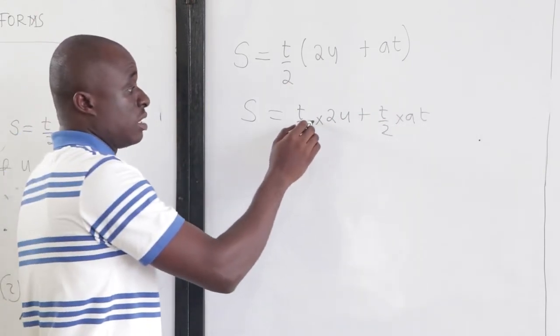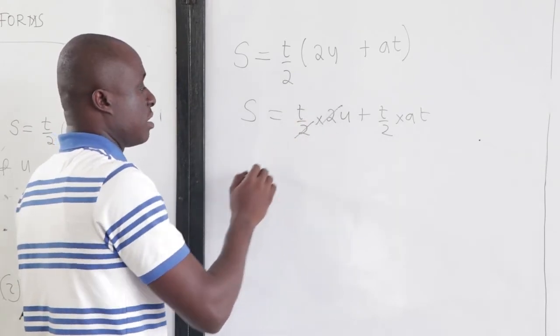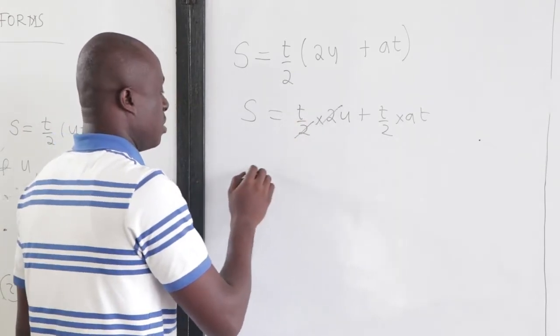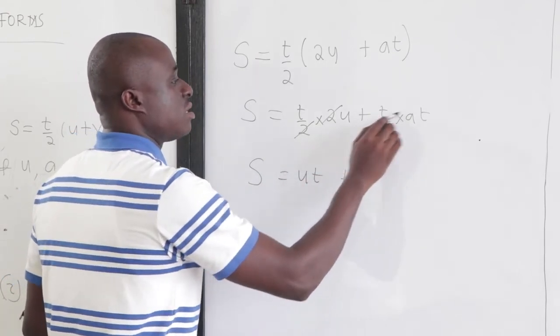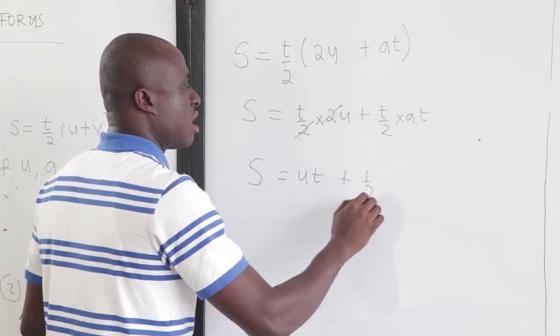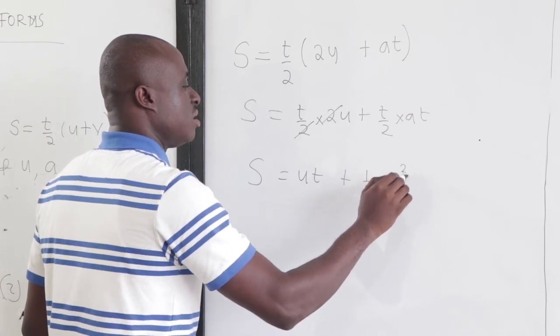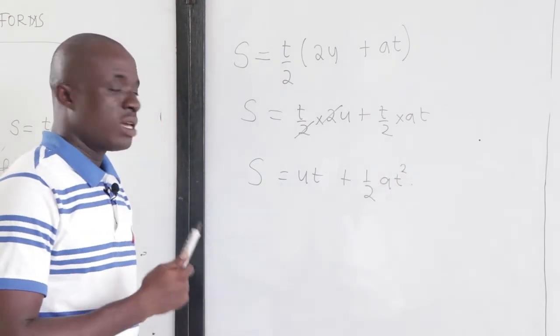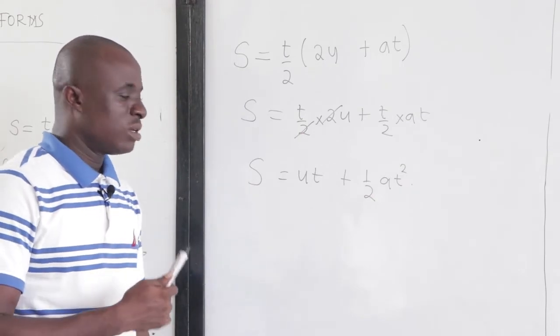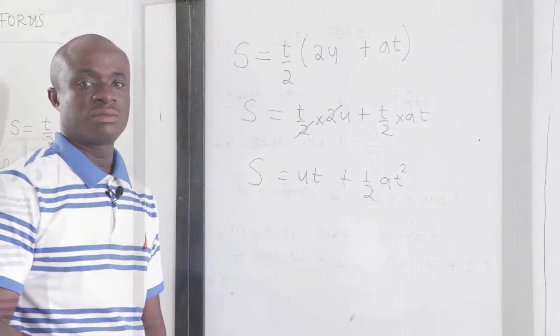What can we see? Clearly, this is cancelling out that. And so here we have our s to be equal to ut plus t times t will be t squared, so we say half a t squared. And here we've expressed it only in terms of what? s, u, a, and t.